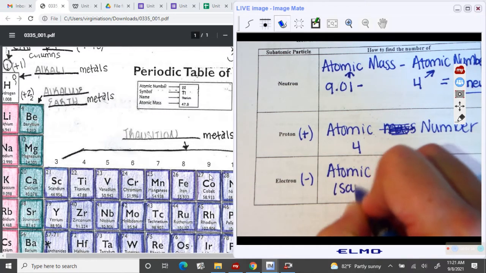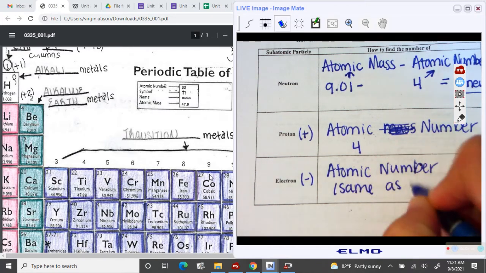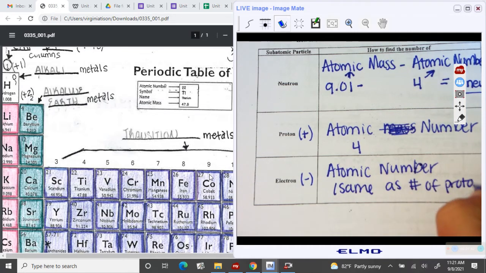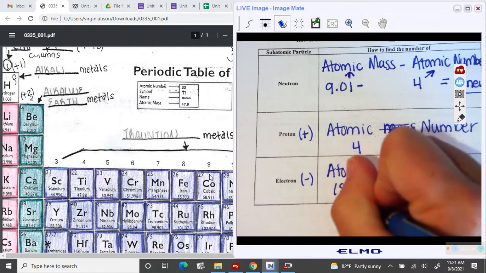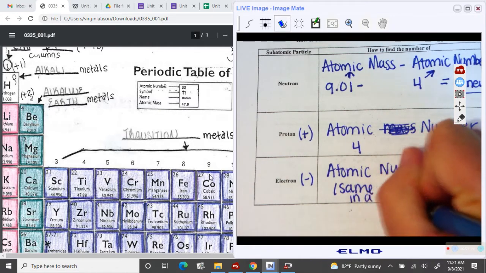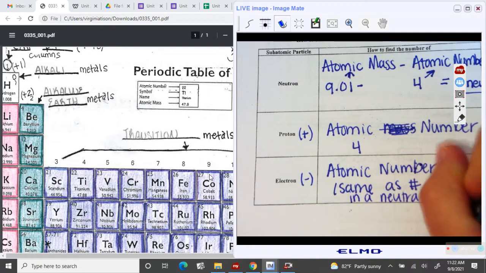So it's going to be the same as the number of protons in a neutral atom.